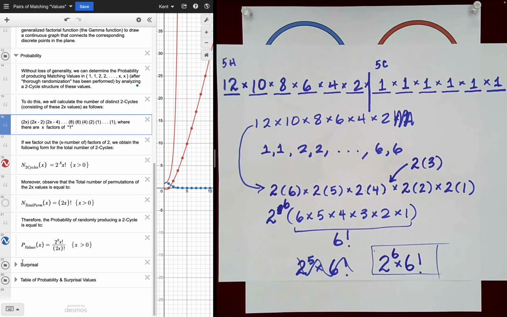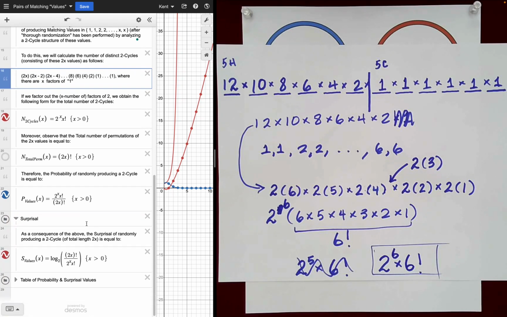So that's what we're interested in. Well, in this series, we've been calculating surprisals, and it's always the same. It's log base 2 of 1 divided by the probability of the event occurring, which in this case, of course, reciprocates the fraction here, the probability.